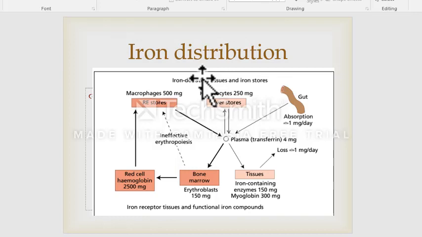Number two, storage iron. Functional iron is that type of iron which is involved in performing certain functions, like for example hemoglobin. Hemoglobin is responsible to carry various gases to various parts. For example, it transports oxygen to the peripheral tissues.